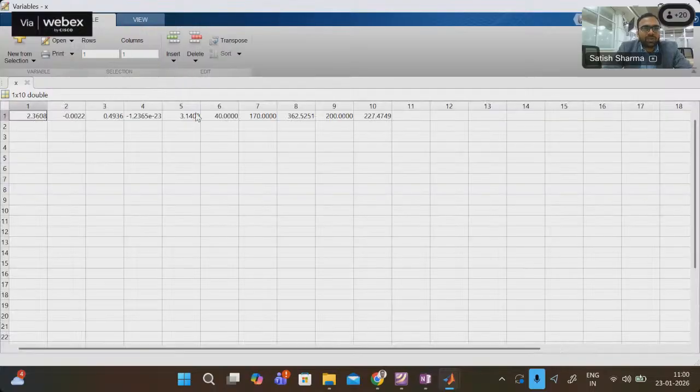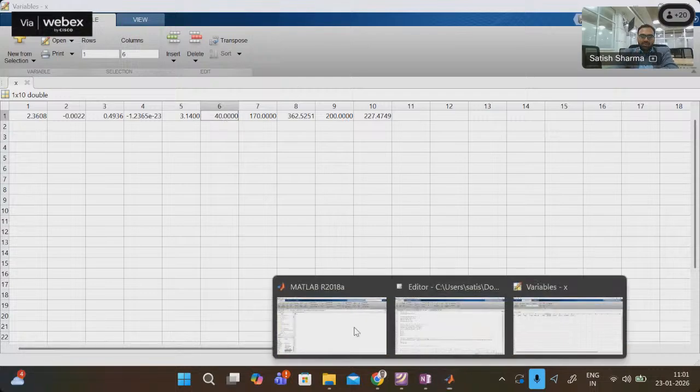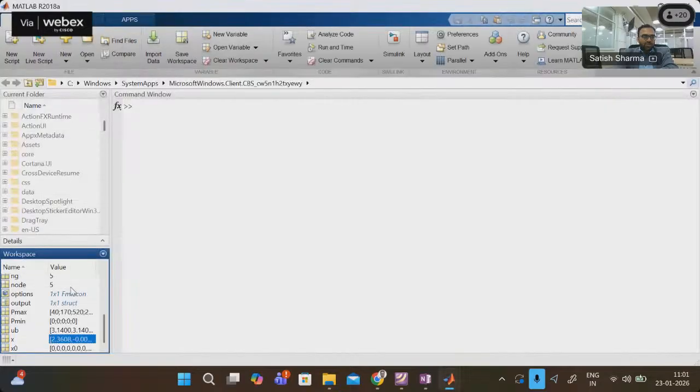Some thetas are coming. Then generator 1 is at 40, generator 2 is 170, then 362, 200, and 227. So we have obtained P1, P2, P3 values here. And if I look at the lambda values again, we can see those values here as well.